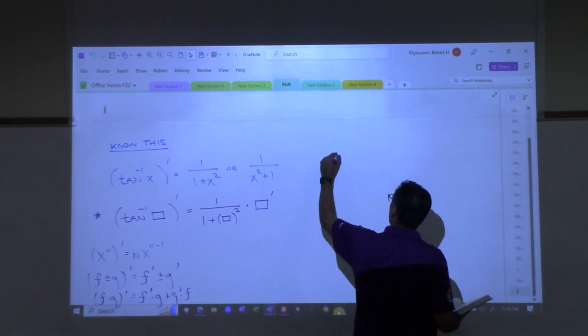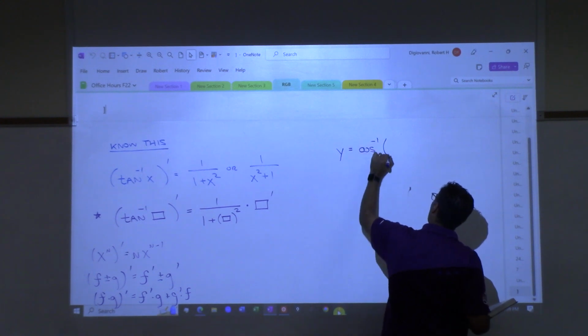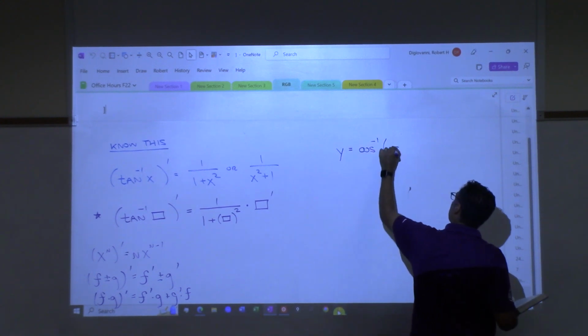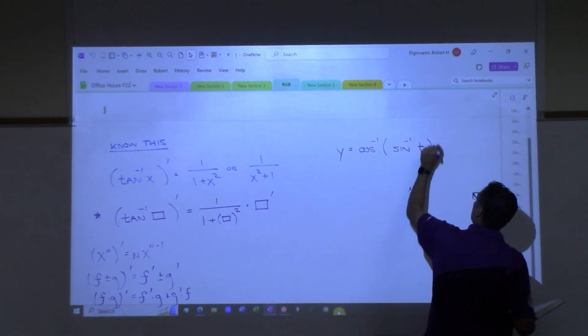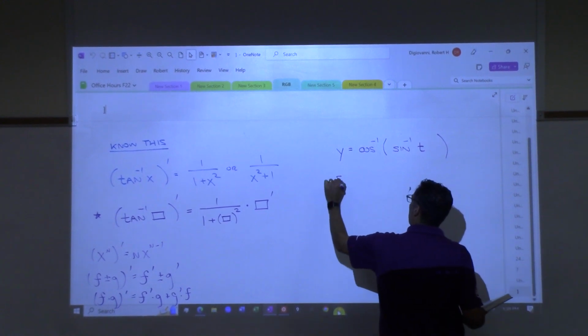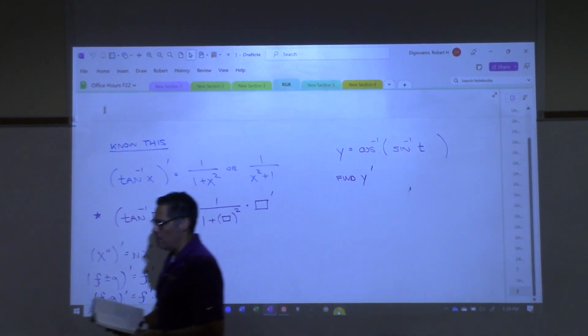How about this one? y equals cosine inverse of sine inverse of t. Find y prime. So we're treating t like it's our independent variable.